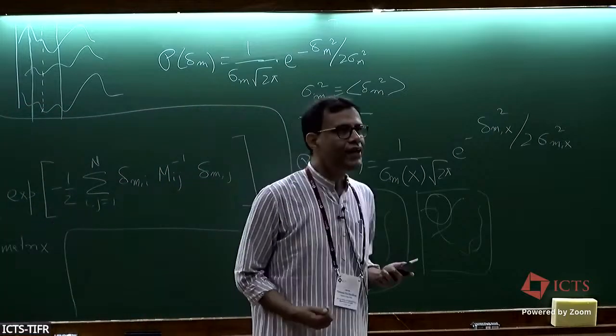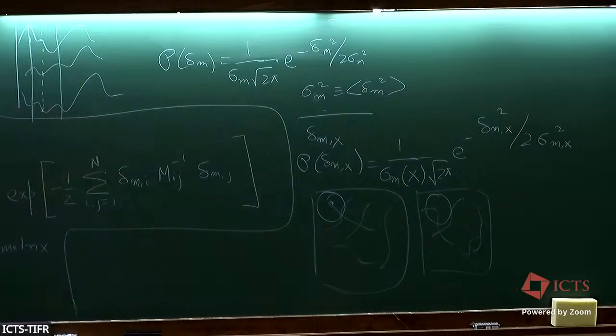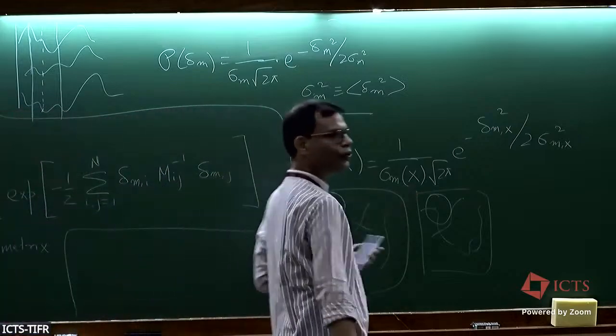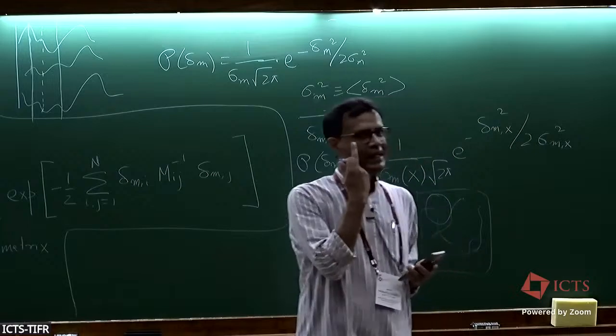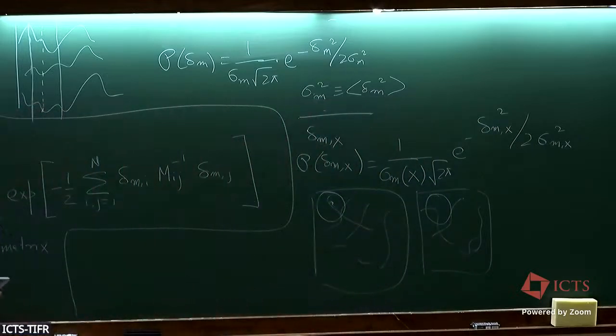Now suppose I want to study spherical collapse. I want to find out the regions which may collapse. Firstly, not all spherical regions collapse, because we saw that it has to be overdense at least for collapse to happen. Remember, the initial delta has to be positive, if you go back to our spherical collapse discussion.